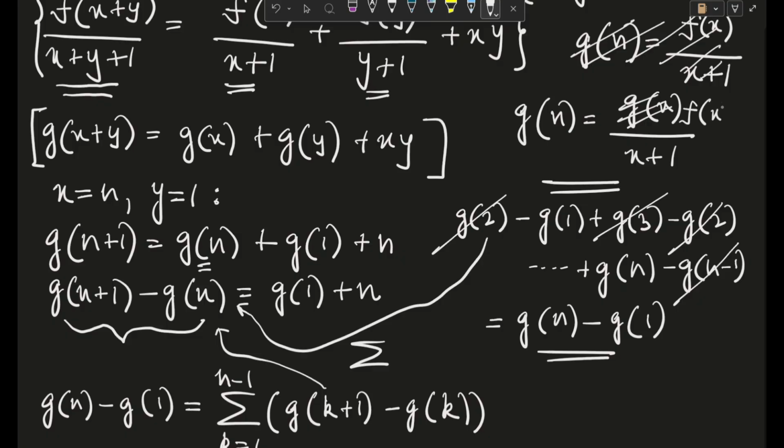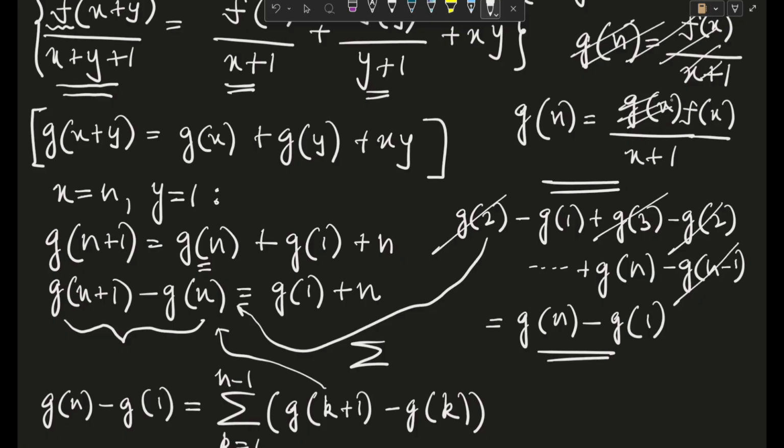I had actually written it correctly, maybe some sort of mix-up in my mind. Anyway, f of x by x plus 1, and we are replacing the f function by the g function, so g should be expressed as a function of f. That was my mistake, please correct it, guys. It will not be g of x because it was not predefined.